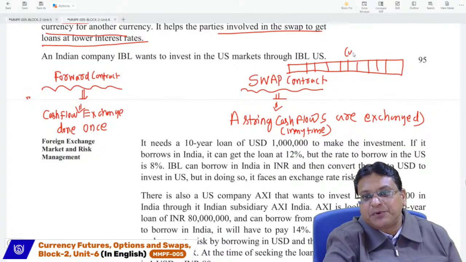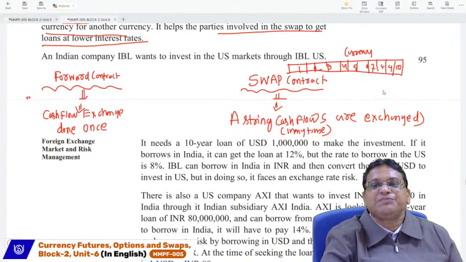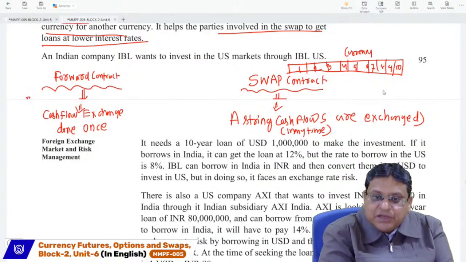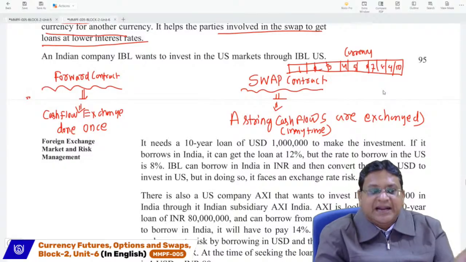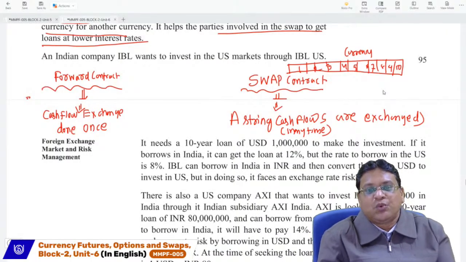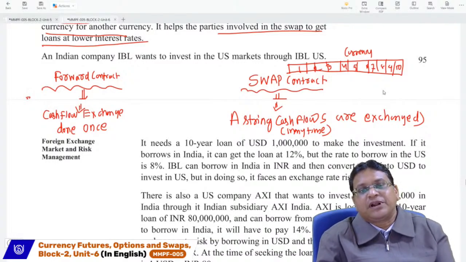A currency swap contract may consist of 10 currency forward contracts. If many forward contracts are put together in one instrument and that instrument is purchased and sold at a time, that is known as a currency swap contract.